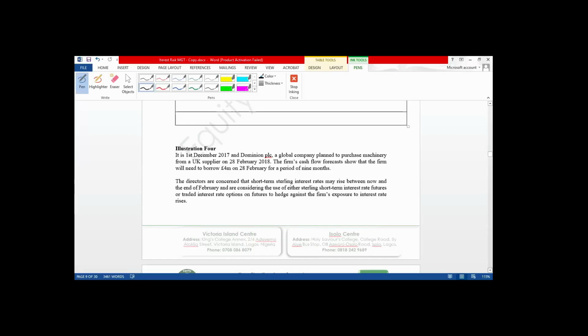Look at that paragraph 1. Today is 1st December 2017. By 28th February 2018, we need to borrow money for 9 months.